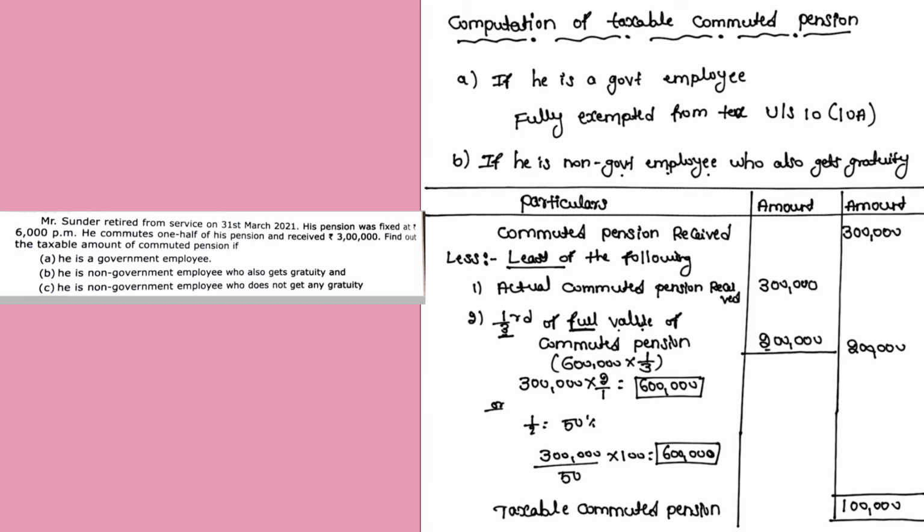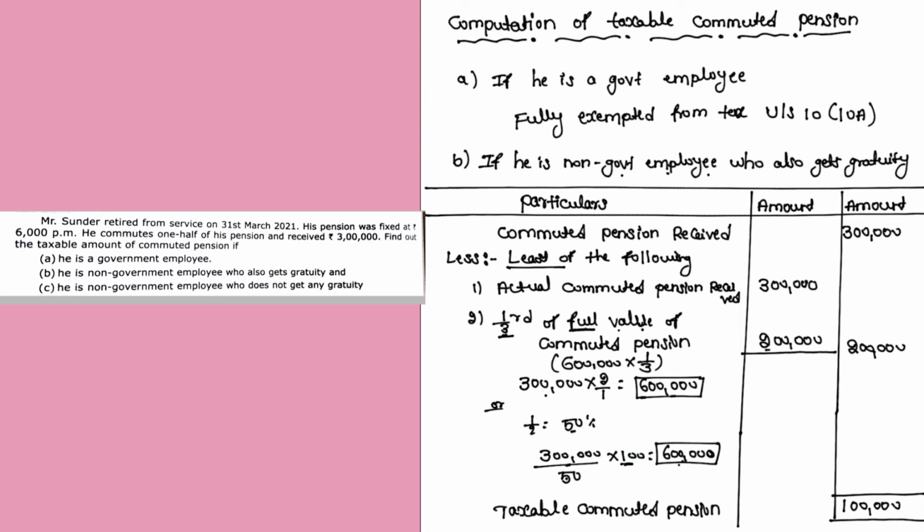So 3 lakhs into 2 by 1 you will get full pension, or 1 by 2 means 50%. For 50%, 3 lakhs means for 100% how much? 6 lakhs.